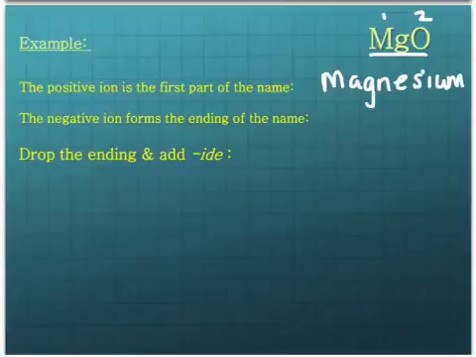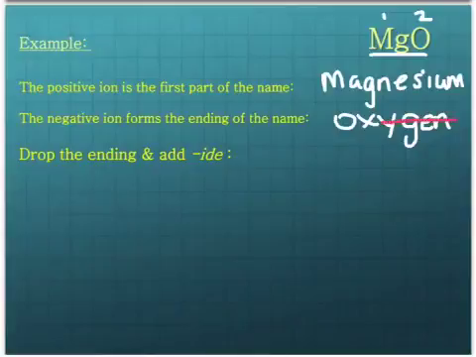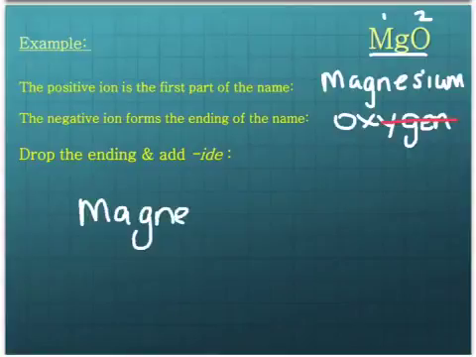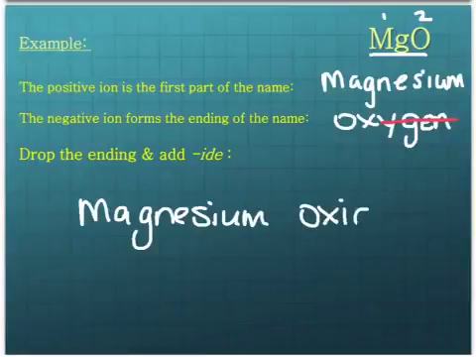Our second atom, O, is oxygen. In naming this ionic compound, we drop the ending of oxygen, and so this compound is called magnesium oxide.